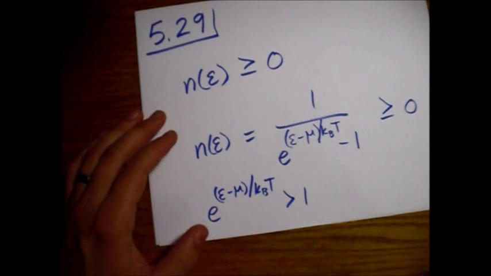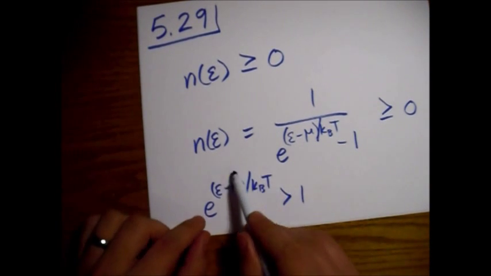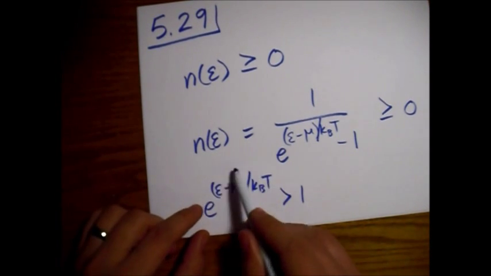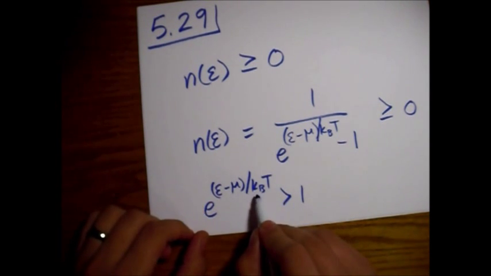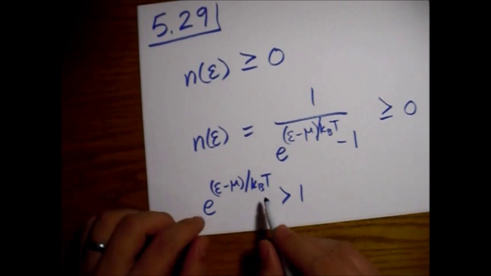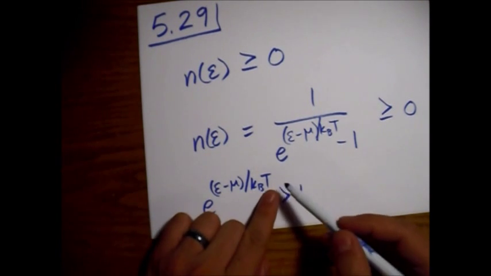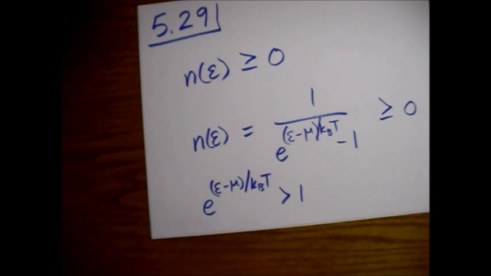In order for that to happen, this exponent up here has to be positive. kB is Boltzmann's constant, which is positive, and T is the absolute temperature, so it's positive as well.